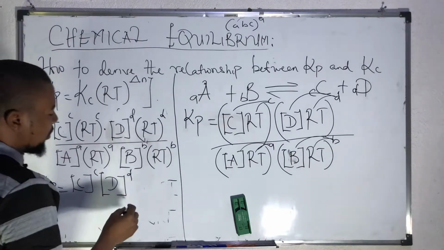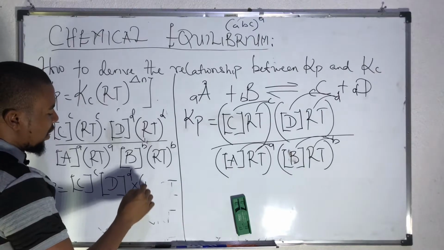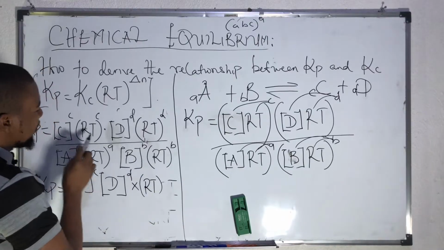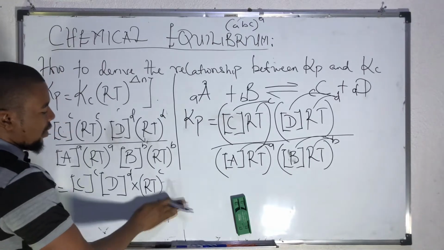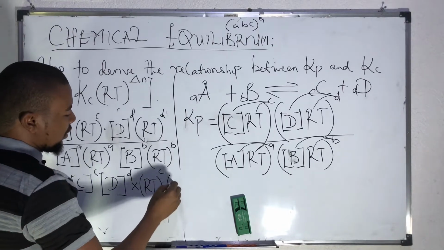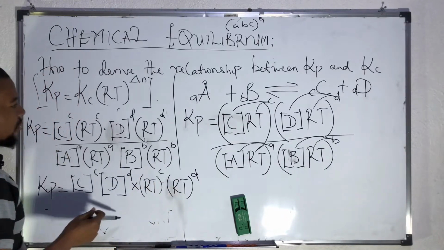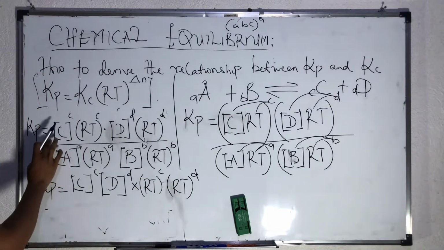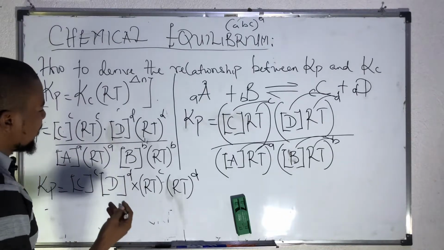Now, let's pick the RTs. I would say times, we have the first RT raised to the power of C, and the next one is RT raised to the power of D. We have just rearranged this. Remember that multiplication is commutative in the sense that the order does not matter.